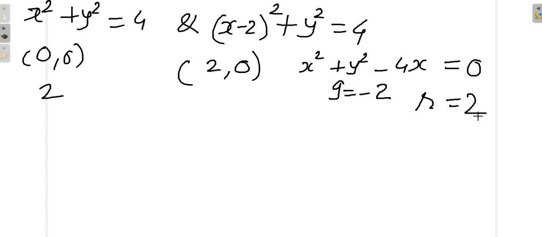So both the circles will have same radius. Now the point of intersection. If you consider the two circles, you will have x square equal to x minus 2 bracket square.